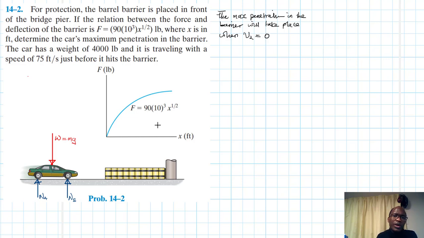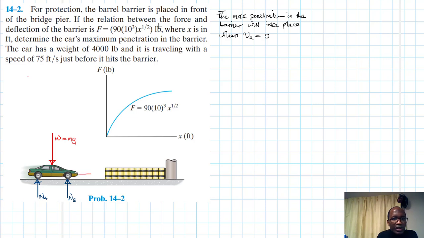Okay, and so immediately the car hits this barrier, there will be a reaction force from the barrier to the car, right? And that reaction force will have this magnitude of force, which is given, that relates the force to the deflection of this barrier.